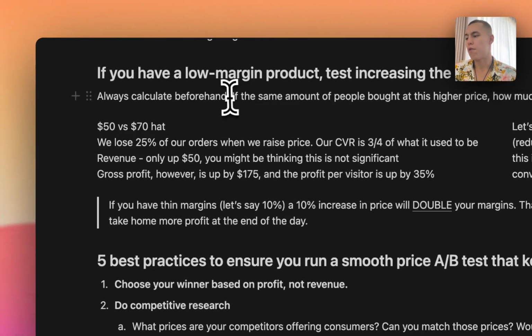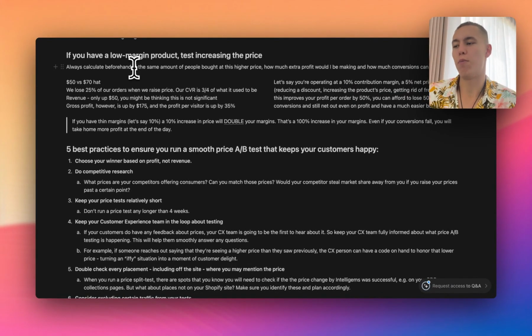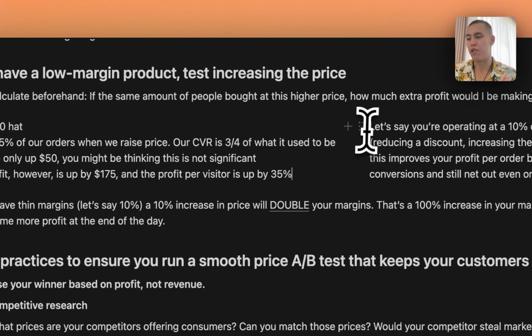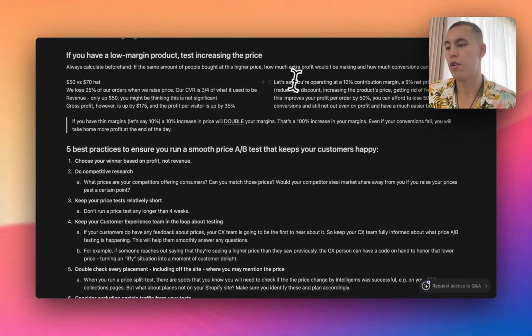So before you do this, calculate if the same amount of people bought at this higher price, how much extra profit would I bring in, and how much conversion can I lose? That's ultimately what you have to understand. I talked about this example, but here's where it gets interesting.